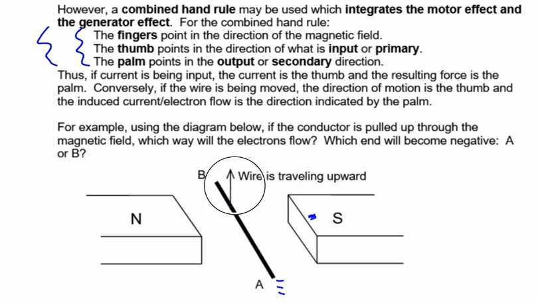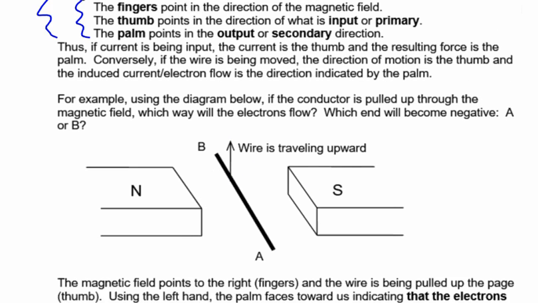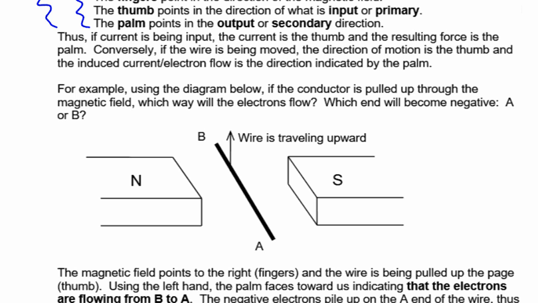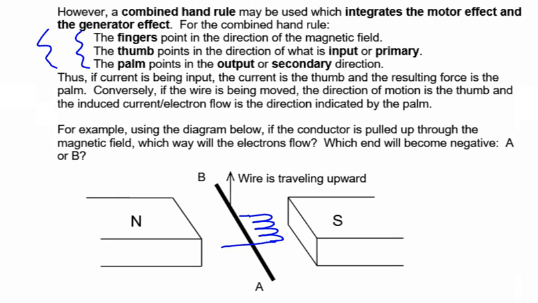Now what we're going to do instead, we're going to change it up a little bit. It's going to be painful, this picture, so just bear with me here. I don't think I can even do this. Maybe I can. All right, so we'll see. Your fingers are still going to go from north to south, so the magnetic field. So your fingers are still going that way. But now your thumb is going to point in the direction of the input.